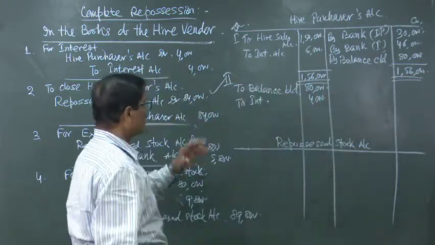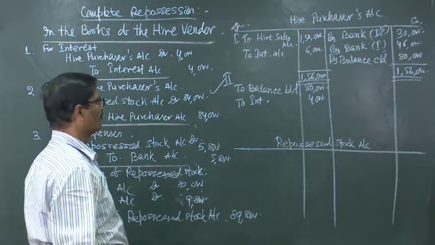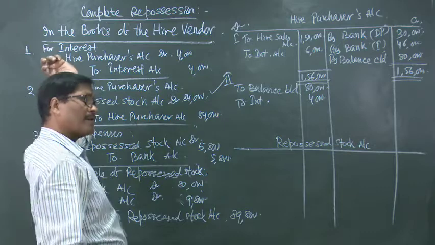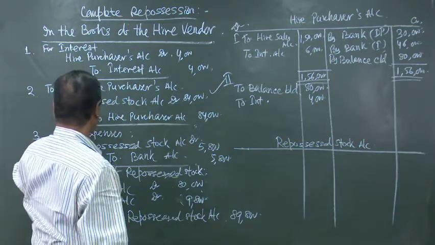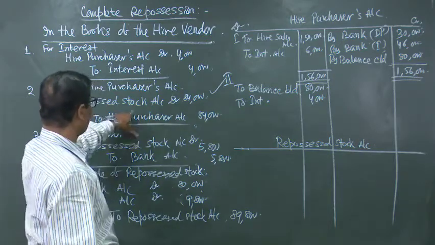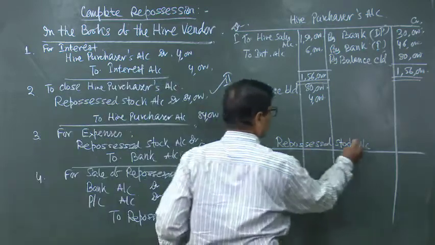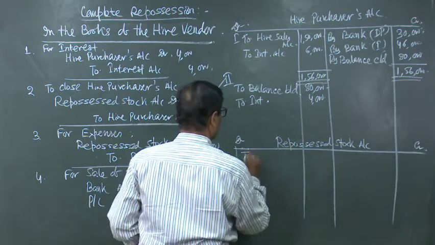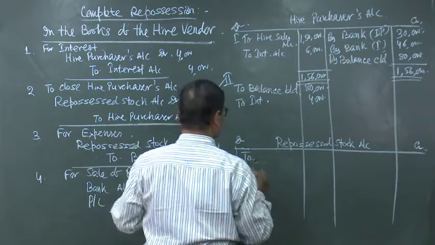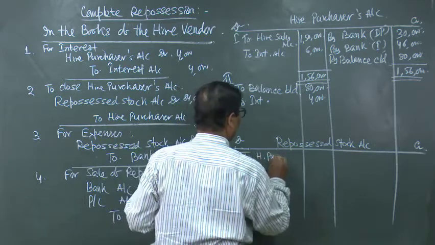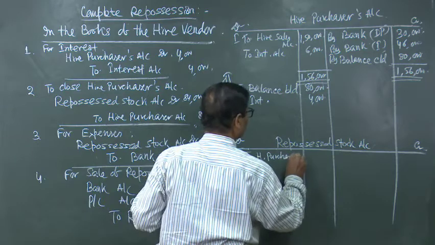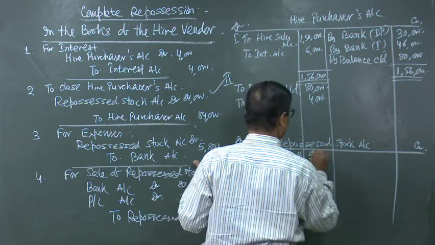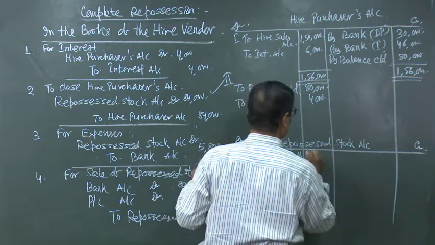We are expecting that he should give us 84,000, but he has defaulted and we are taking away the car, that is 84,000. Entry is repossessed stock account debited to hire purchaser account 84,000, sorry, 84,000.